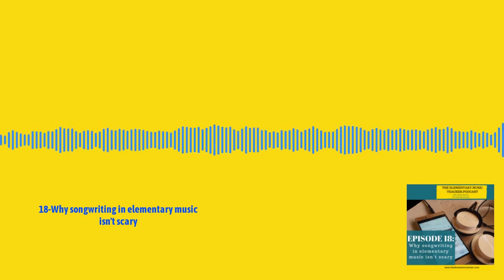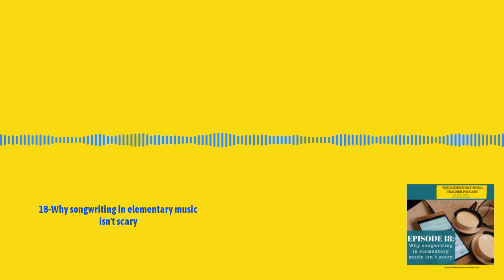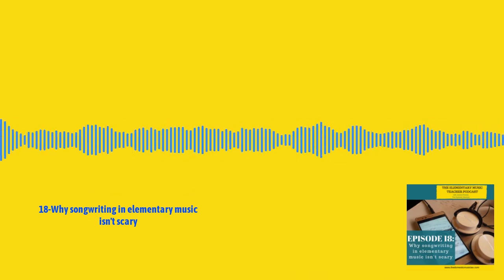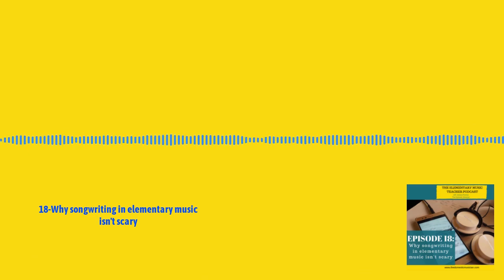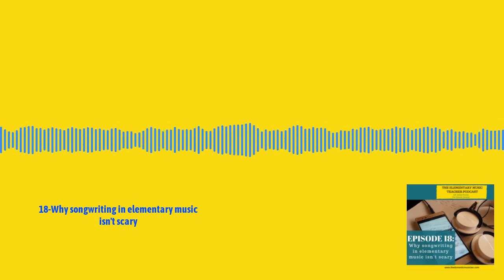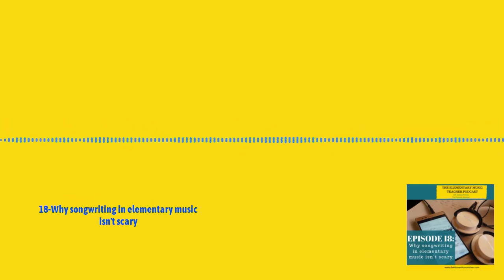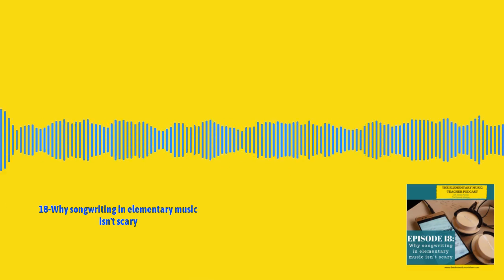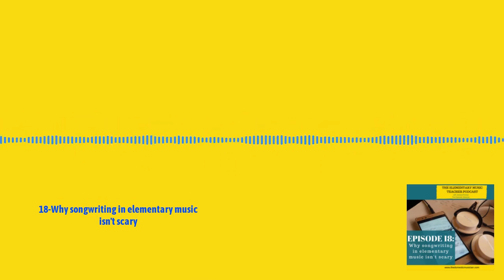Let's say you're playing a 4-beat rhythm. And then you say, I'm going to play a 4-beat rhythm, and then I want you to make up your own 4-beat rhythm by improvising. That is creating and composing music.